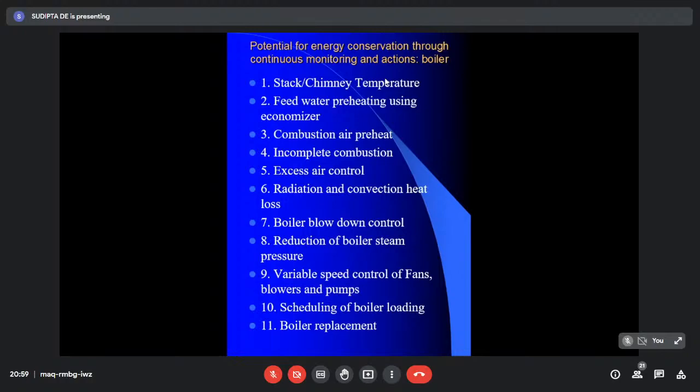Point 5, excess air control. This is a very important parameter actually. Just write down, excess air is always required for complete combustion of fuel. Full stop.